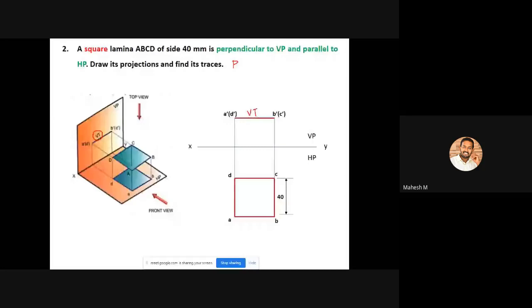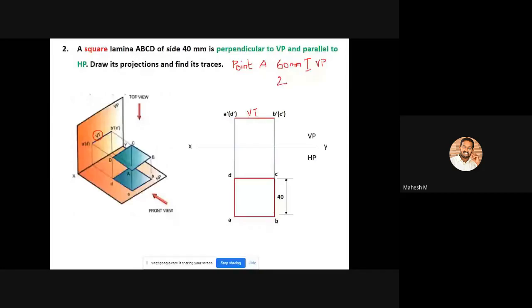As in our previous heading, suppose point A is 60 mm in front of VP and 20 mm above HP.